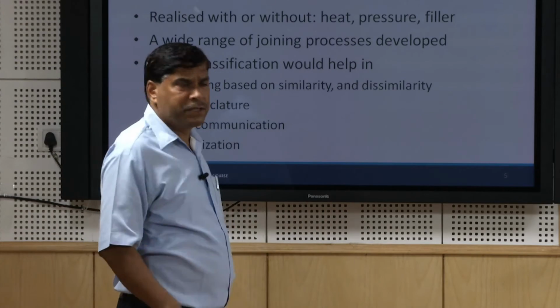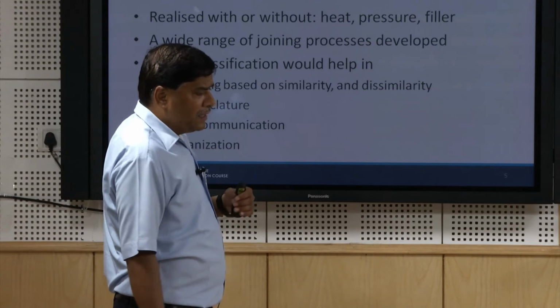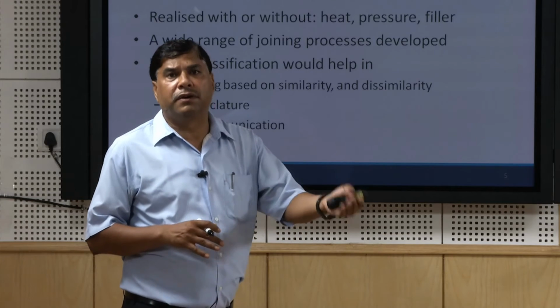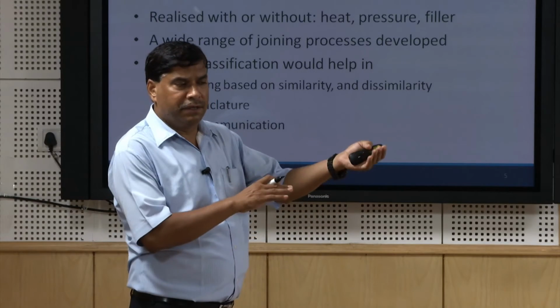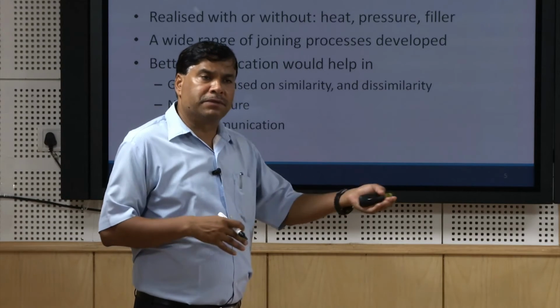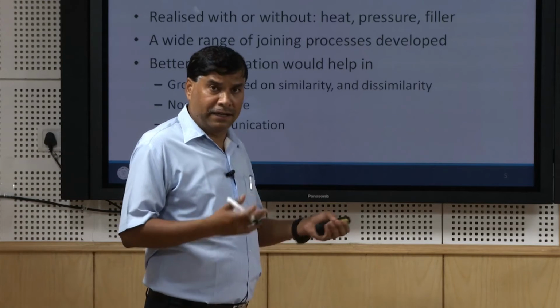There can be many ways to group or classify the joining processes, and then it is easy to communicate, like this category of metals will be subjected to solid state joining, or this dissimilar combination will be subjected to solid-liquid based processes because of metallurgical incompatibility.